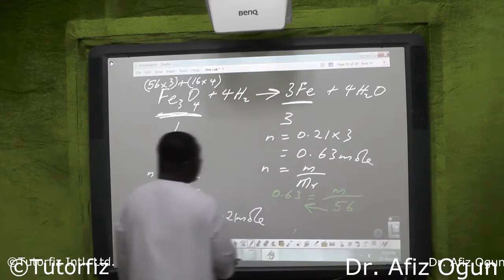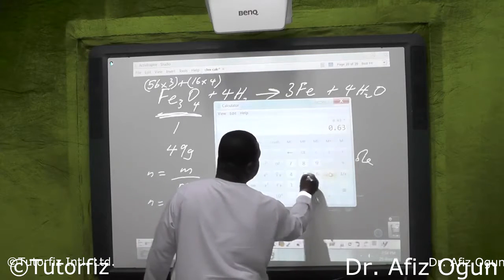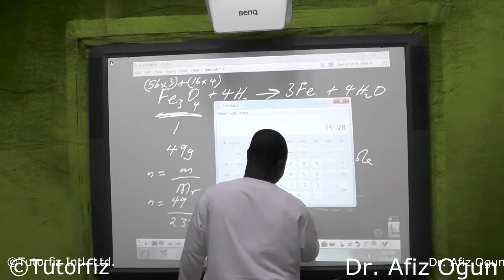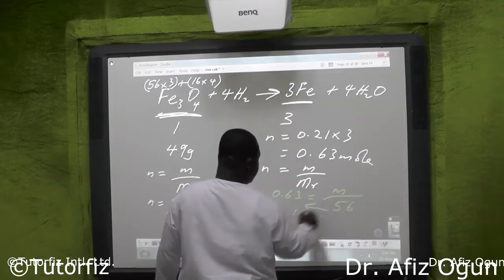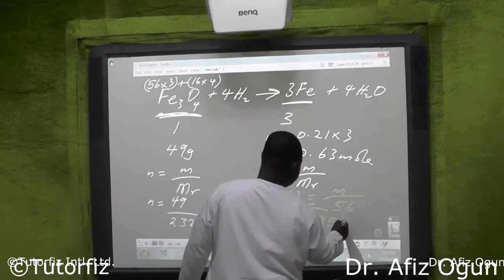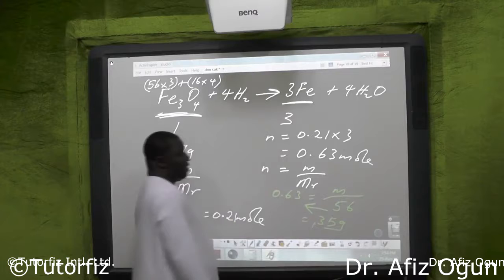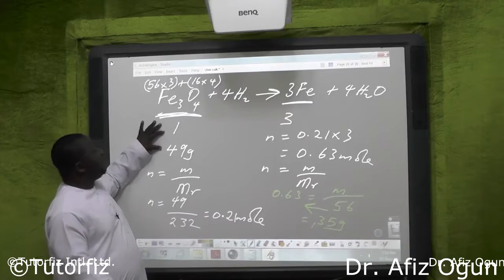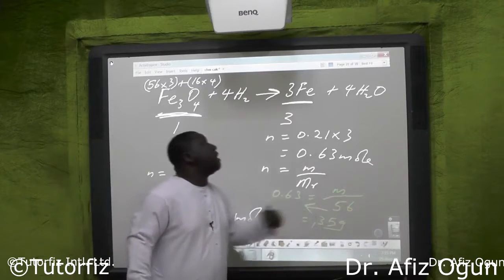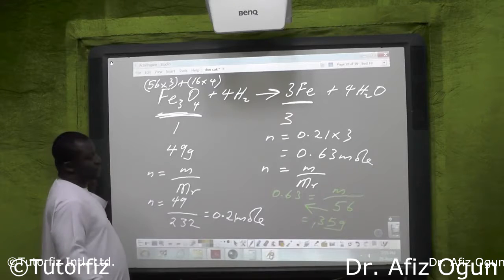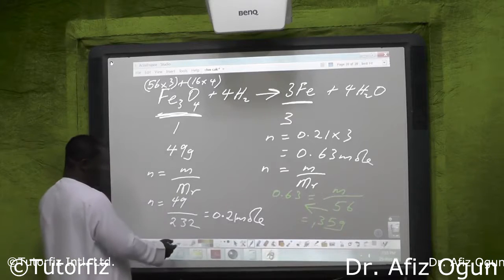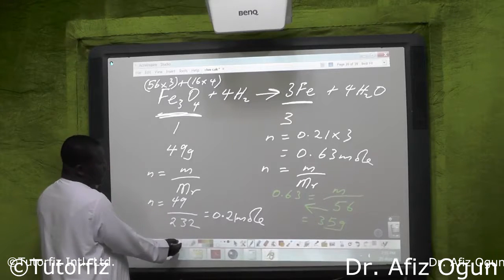So 0.63 multiplied by 56 is 35.28, about 35 grams. So I have 49 grams of the oxide of iron. In my experiment, I'm expecting 35 grams of iron. So this is my expected or theoretical yield of iron.